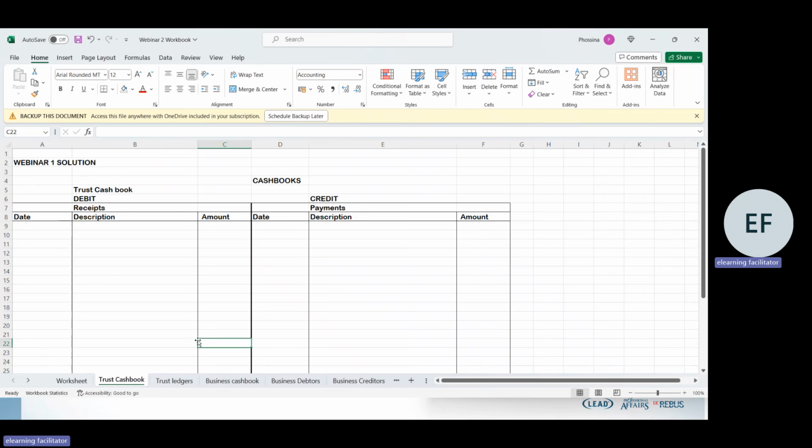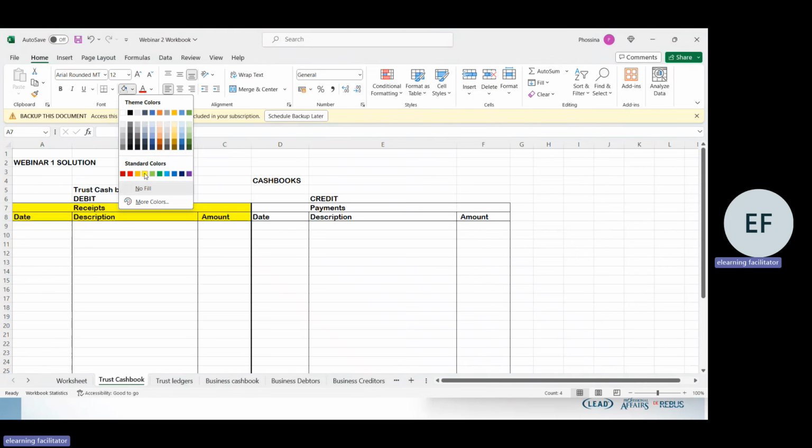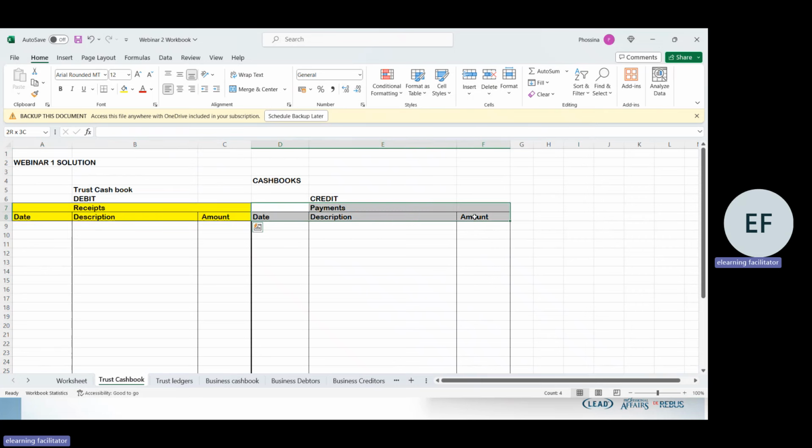Remember, we talked about the double entry system, where we said every transaction should have a debit and a credit. For a cash book, it will have the debit side, which I'll highlight yellow, and the credit side. To make it easier, on the debit side we record what the firm or the practice has received in its account.